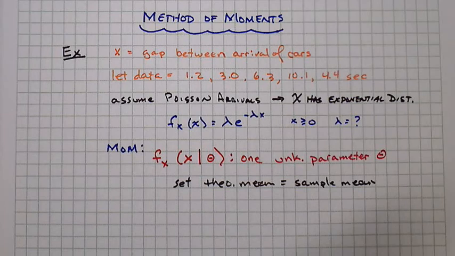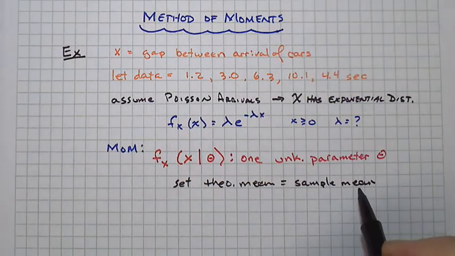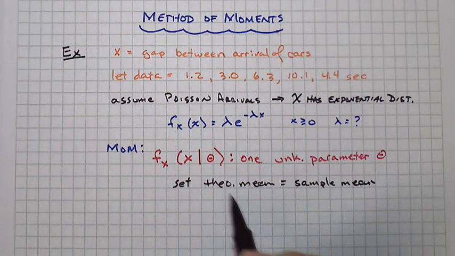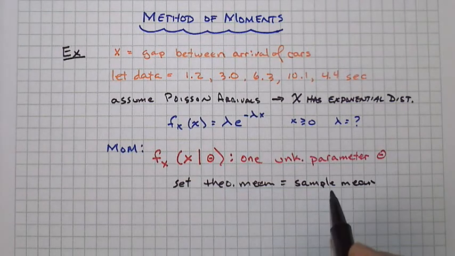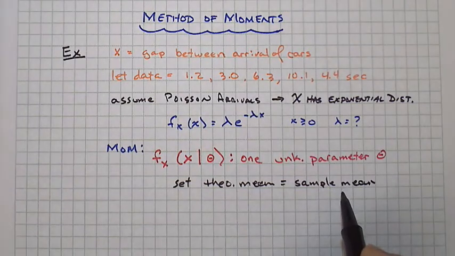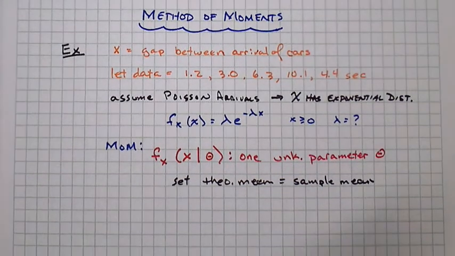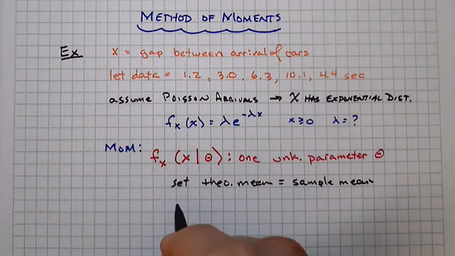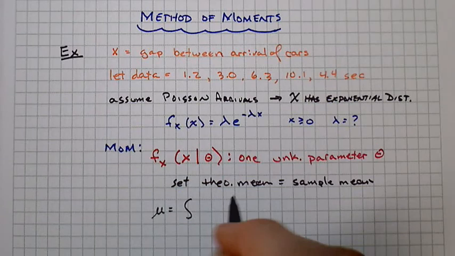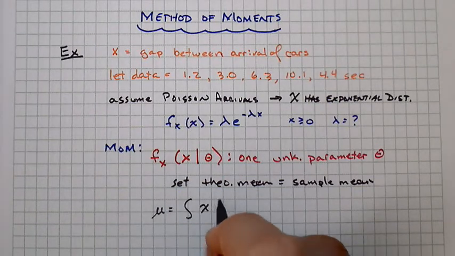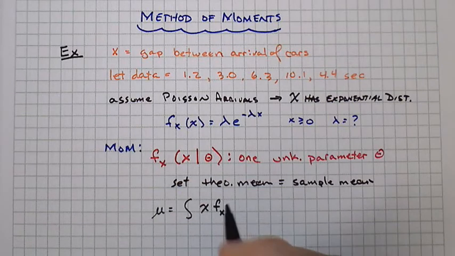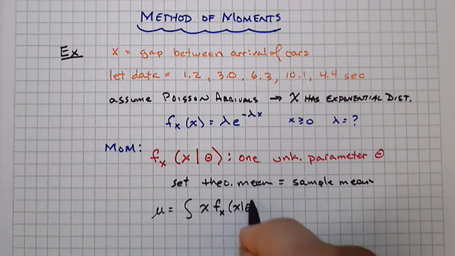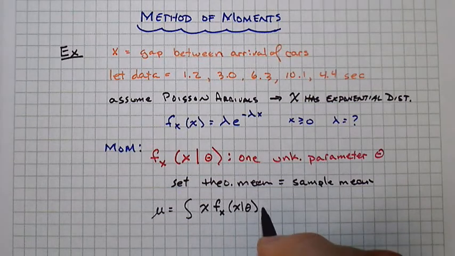And you're going to see in the method of moments that that's a typical thing. That will be setting some sort of theoretical measure equal to some sort of sample measure, and in this case it's going to be the moments that we're yet to really define. Here we only have one unknown parameter, so we'll only do this once, right? For this continuous situation, our theoretical mean, mu, equals the integral of x times its distribution, in this case given the parameter theta.